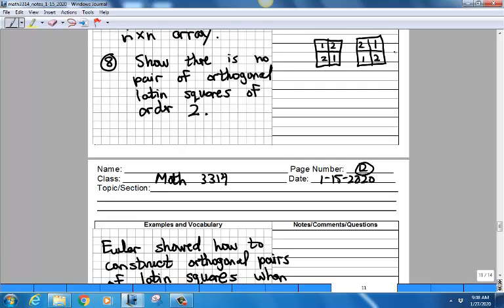Did y'all try putting those together? Remember, what you want to do is superimpose those and see if you get every possible ordered pair represented. So what happens if we combine those 2?